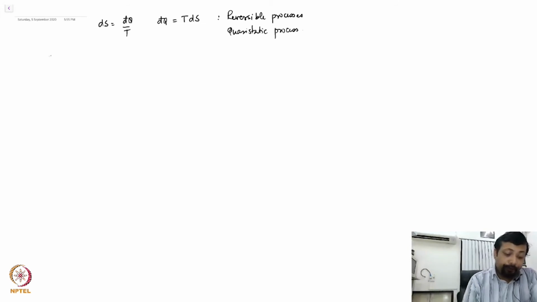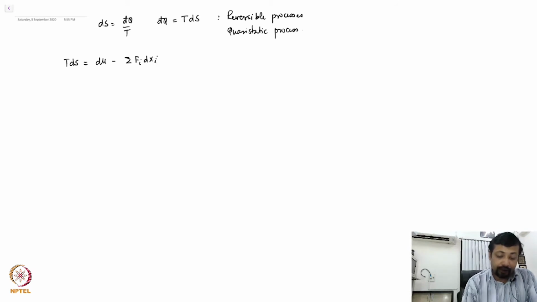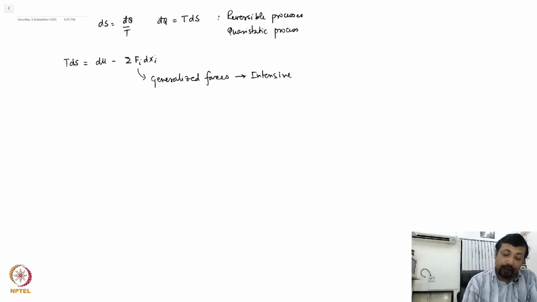Okay, so therefore I can rewrite my first law as T dS is equal to dU minus the sum over i of Fi dxi. If you have forgotten what this means, the Fi are my generalized forces which are intensive in nature, and these xi are my generalized coordinates which are extensive in nature.